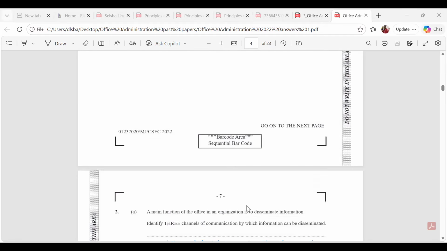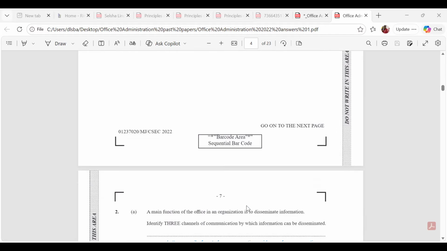Number 2 now. A main function of the office and organization is to disseminate information. Identify 3 channels of communication in which information can be disseminated. Literally any 3 channels. One is by email. Two, you could call the person on the telephone.